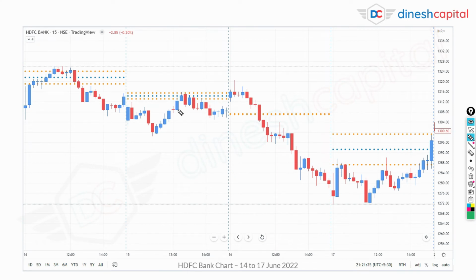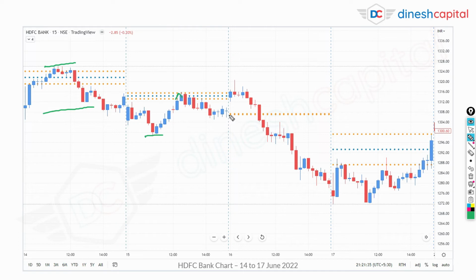We are looking at the chart of HDFC Bank in June 2022. On the 14th of June, the stock traded within a small range throughout the day without big movement. This led to a narrow pivot range on the next day. But the next day also, there was no big movement. The price touched the CPR and then reversed.